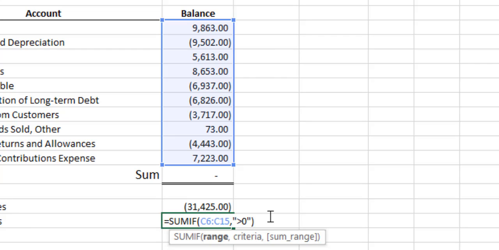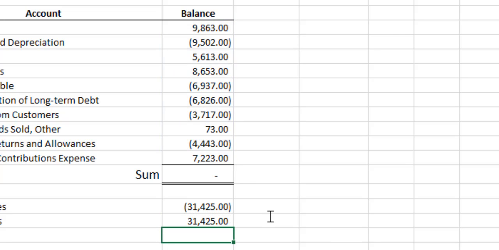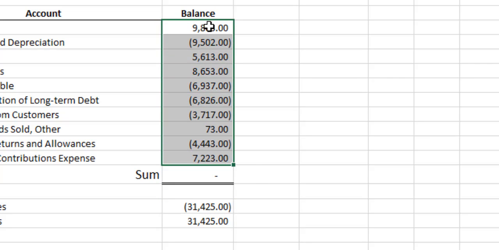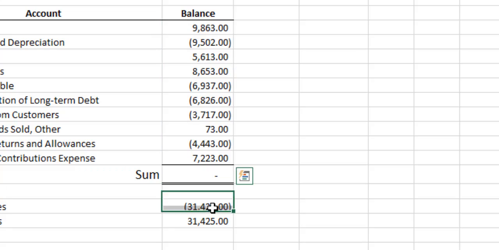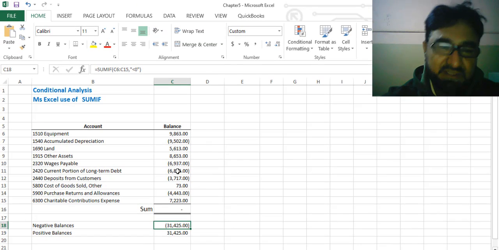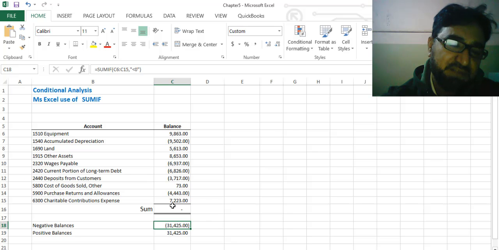So this will give you the value of the positive values. So this is how you can use SUMIF with ampersand. As we did not use the ampersand here, we will be using it in our next lesson, but we used SUMIF, and we did that. If you somehow come across this kind of calculation which does not give any value, you can still know the value of the negative figures, and you can still know the value of the positive figures.